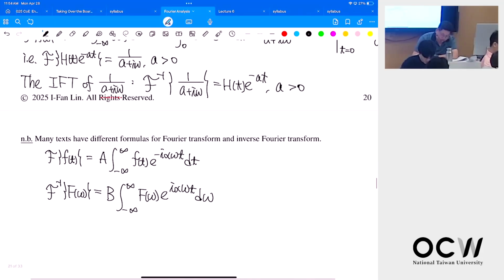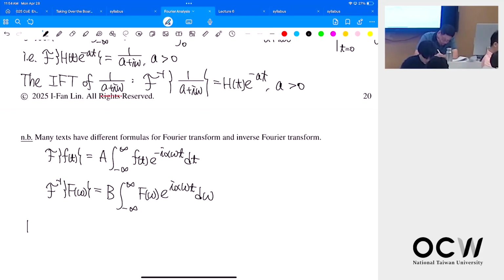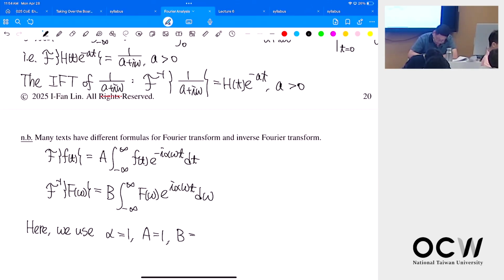So in our class, we choose alpha equals 1 and a equals 1, and also b equals 1 over 2 pi.